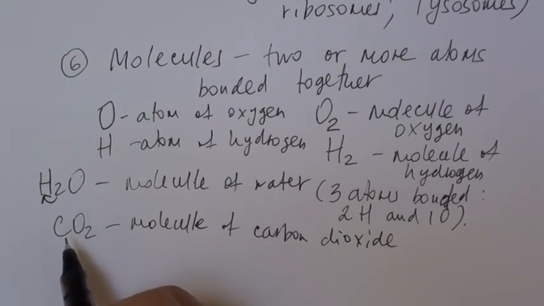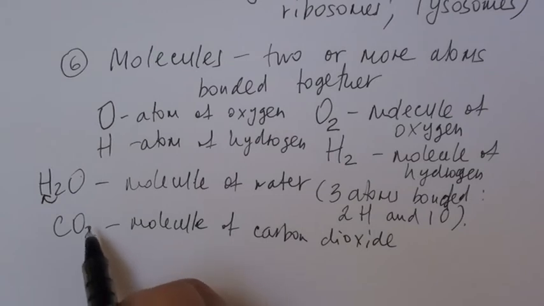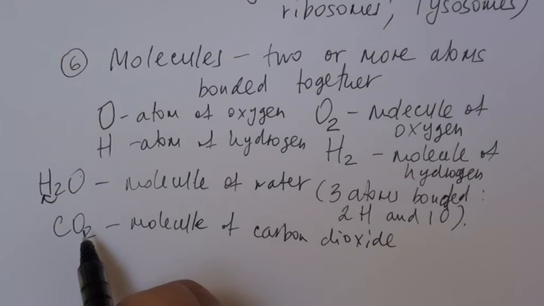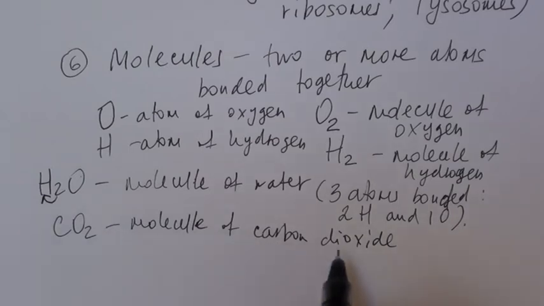So C doesn't have any number straight after it, so it means it's just one of them. Oxygen has got 2, so therefore 1 carbon, 2 oxygens give you 3 atoms altogether in that molecule. So molecule of carbon dioxide, hence di. Di means 2. 2 oxides, 1 carbon, 2 oxides. That's where the name comes from.